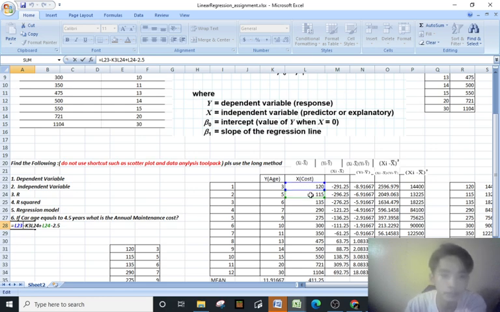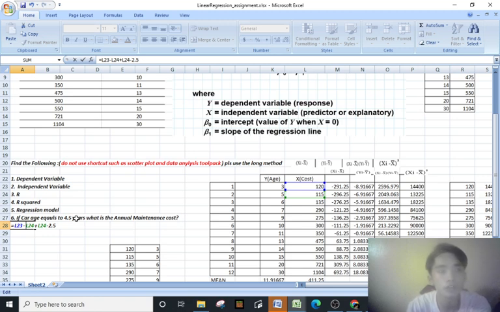So to get this, 120 minus 115, then plus 115 and minus 2.5.